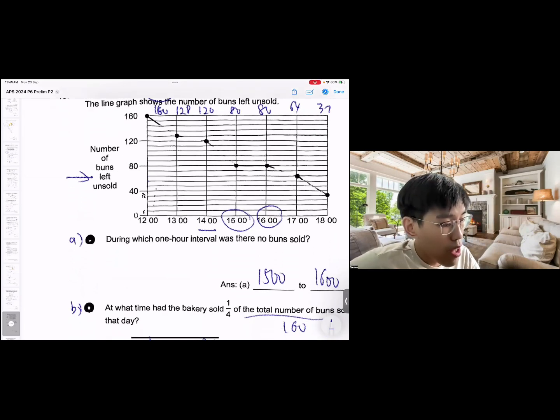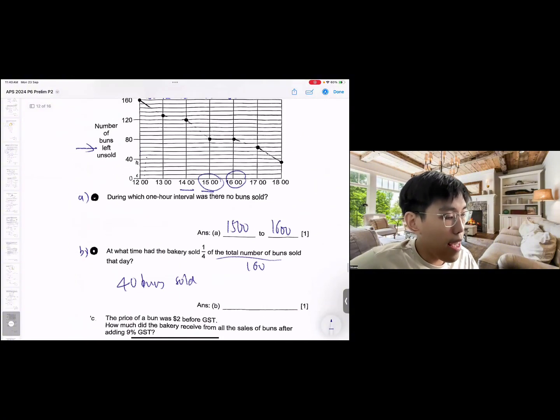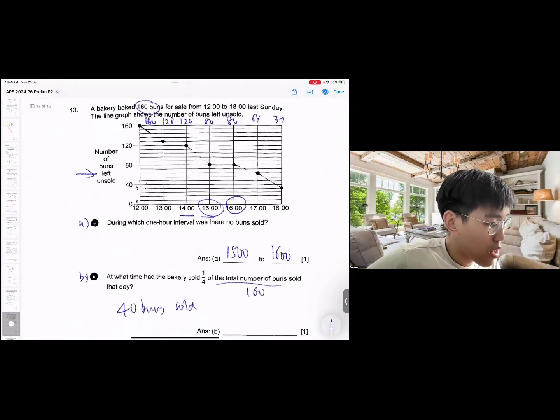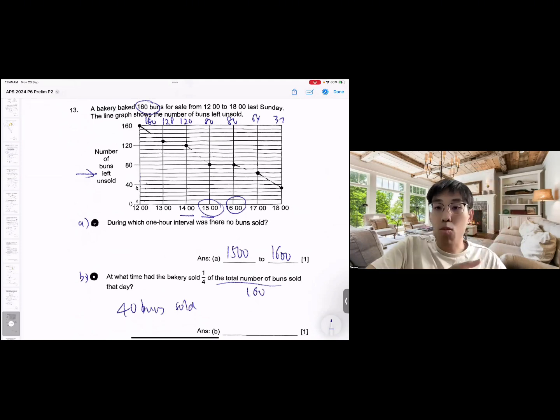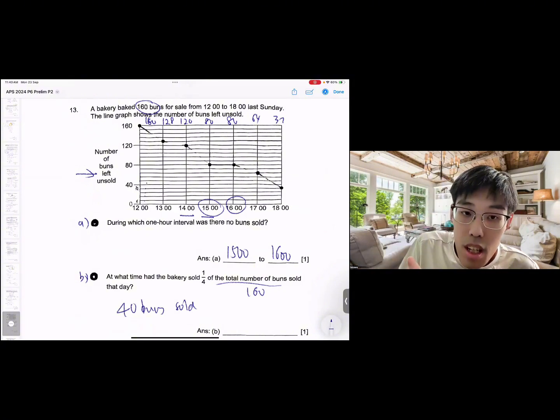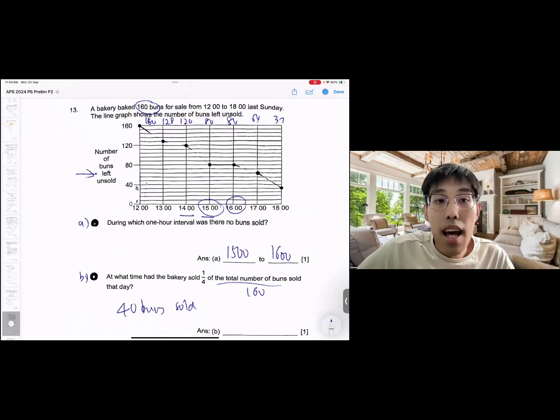From here to here, from here to here. At what time had the bakery sold 1/4 of the buns? Had the bakery sold 1/4, that means we are looking at up to which point. You need to understand the question. Most people will just write 1400 to 1500, then guess a number. But it's up to that point they sold 1/4.